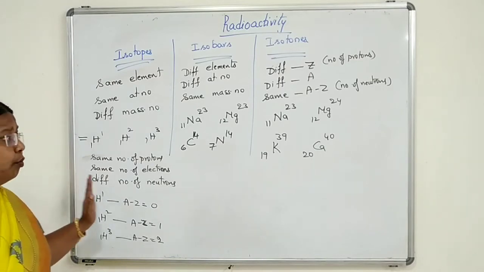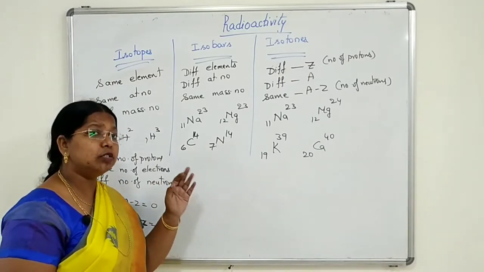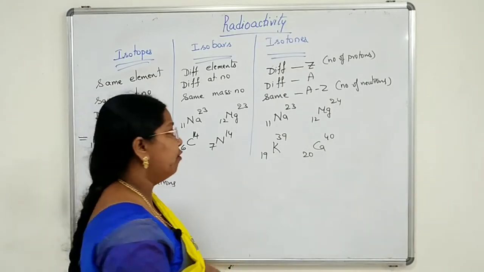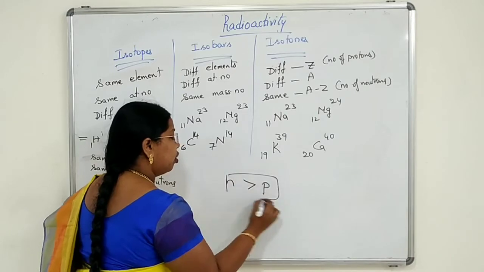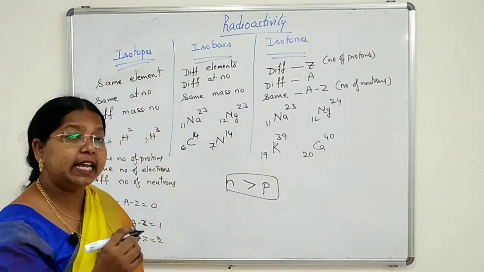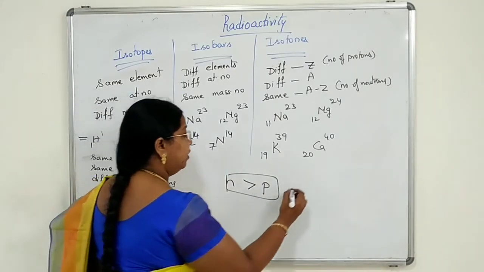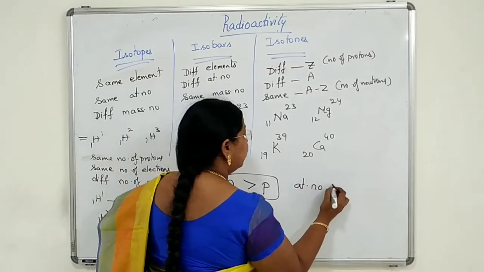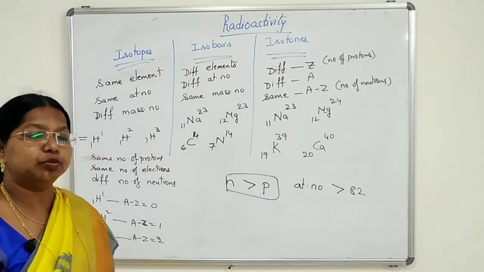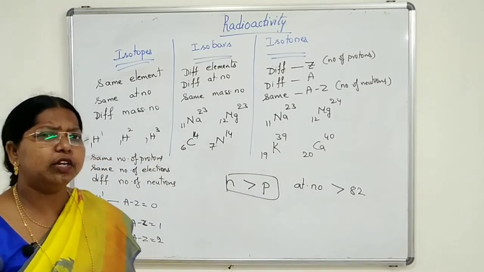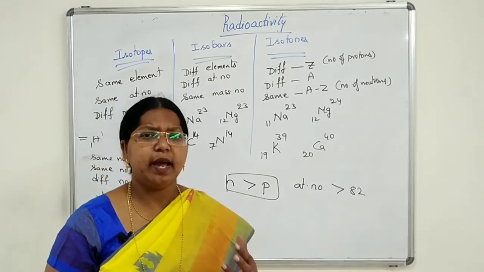Listen students, where the number of neutrons is more than the number of protons, and the elements which have atomic number greater than 82 will exhibit a particular phenomenon called radioactivity.